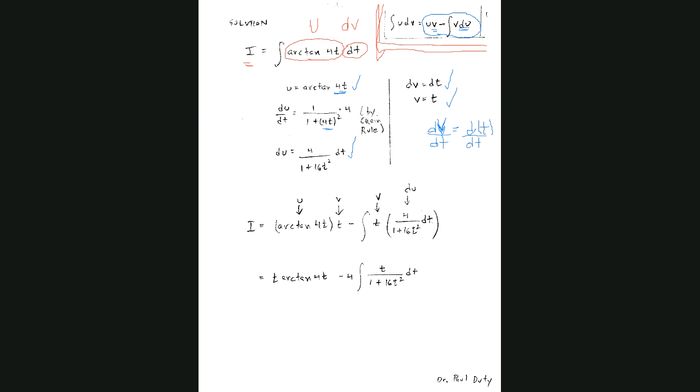But that just equals 1, right? So if dv dt equals 1, then dv would equal dt.